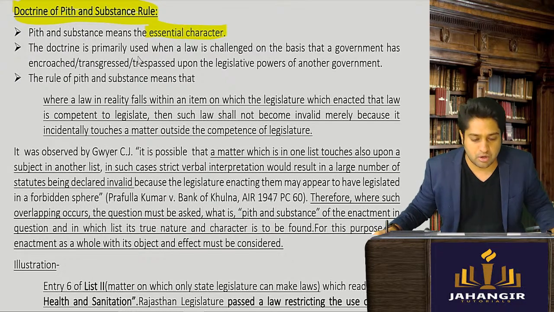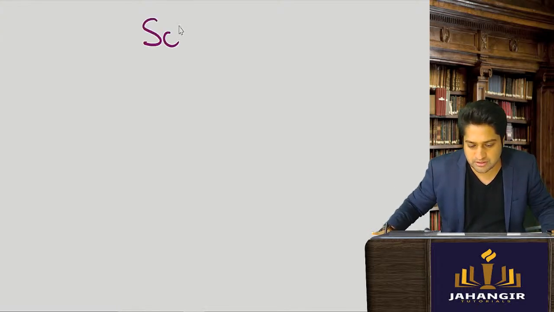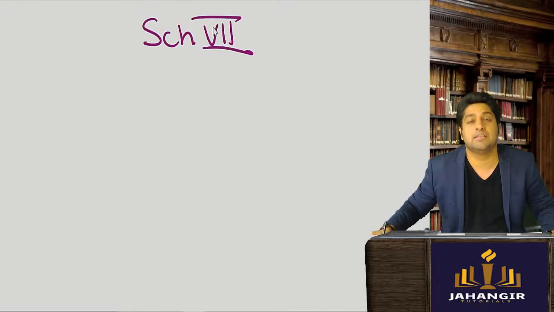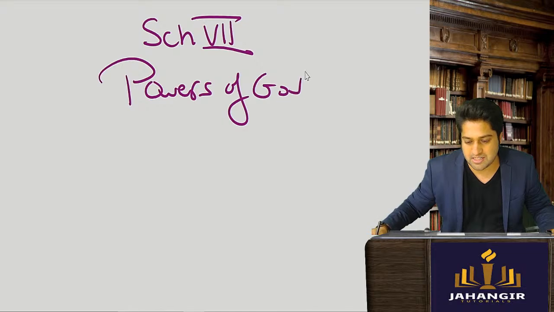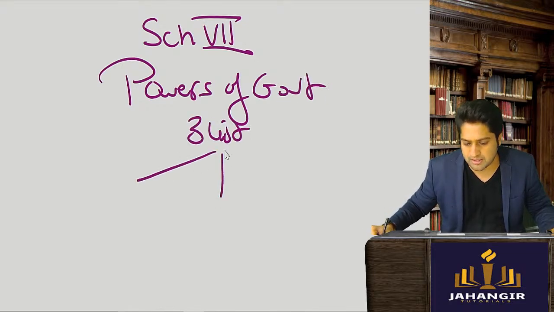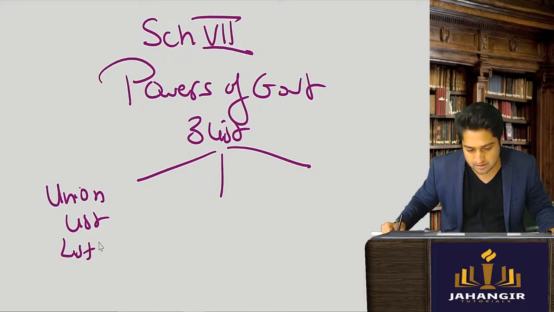Why? Because we know that as per Schedule 7, the powers of the government are distributed in three lists. First is the Union list, that's your list 1.